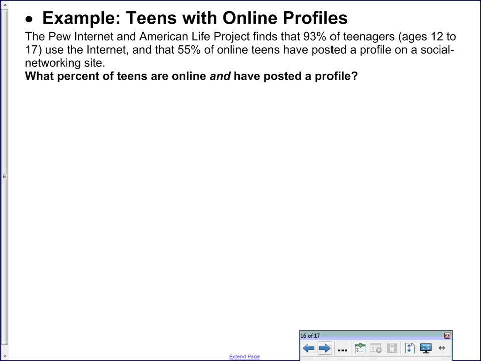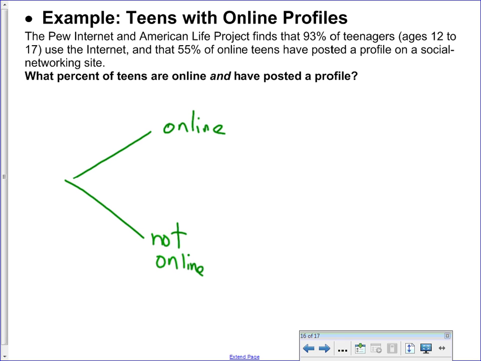So, ready? We start our first one, and this is online. Not online. And this is 0.93. And this is 0.07. Because the two parts of the branch, it either happened or it didn't.